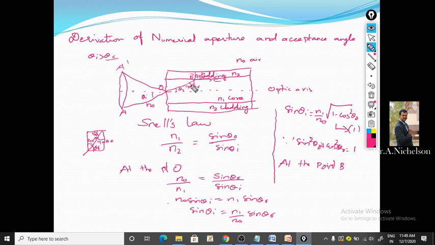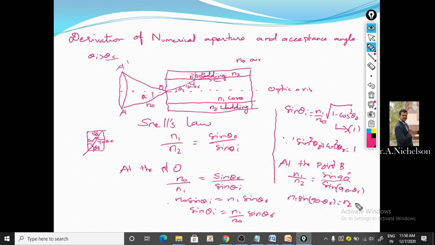So n1 into sin 90 minus theta r is equal to n2 into sin 90 degree. Okay, so hope you have copied this.